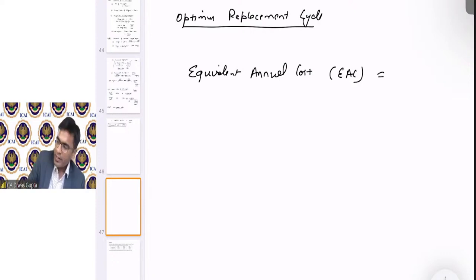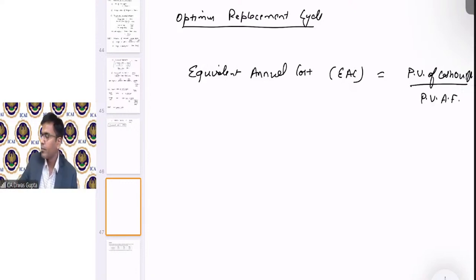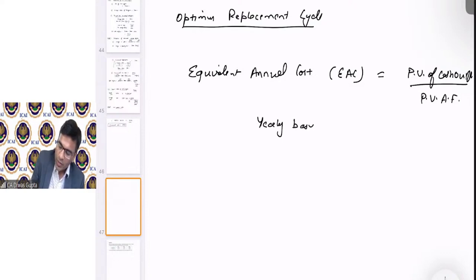How this will be calculated is, whatever is your present value of cash outflow, you have to divide it by the present value annuity factor. While you do this, you come to know what we should make as cash outflow on a yearly basis.